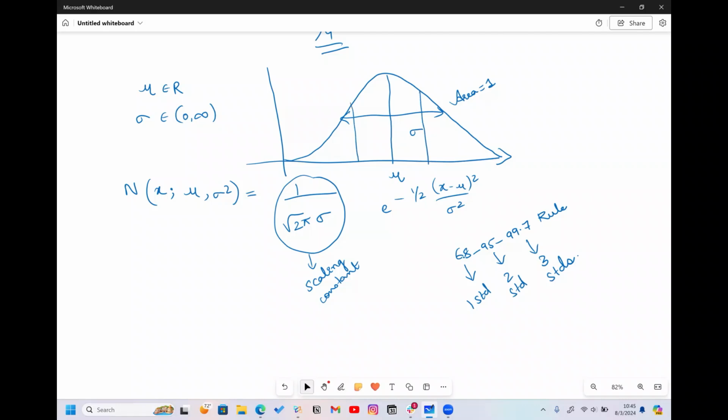So for mu plus or minus sigma, the data that's present within this range is 68%. So 68% of data is present within mu plus or minus sigma. And then you have plus 2 sigma, minus 2 sigma. 95% of data is within this range. And then minus 3 sigma, plus 3 sigma. So plus or minus 3 sigma, 99.7% of data lies within this range.